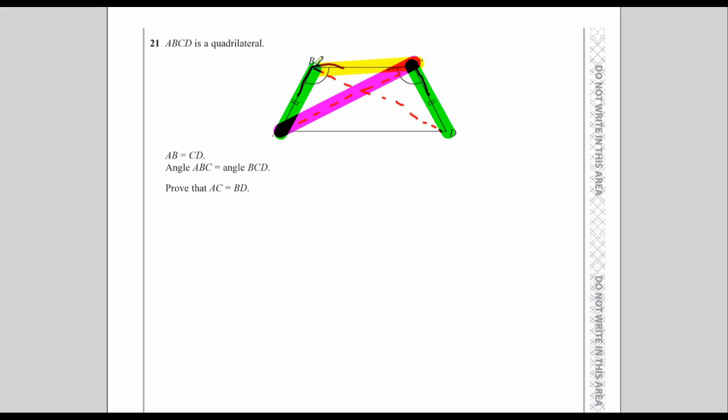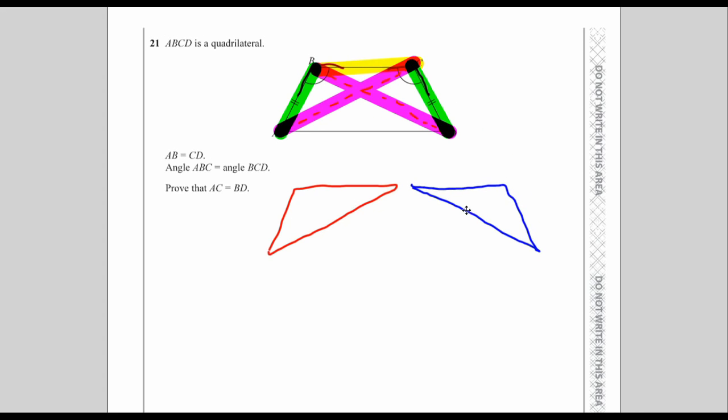So if these two are the same, then what we've actually got is two identical triangles that have just been flipped over. And the triangles that I'm talking about are these two.